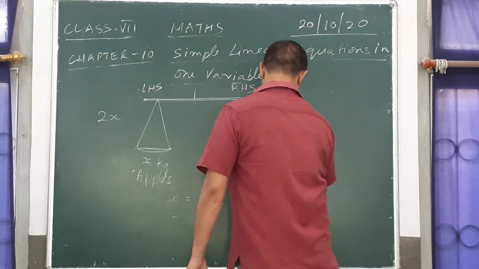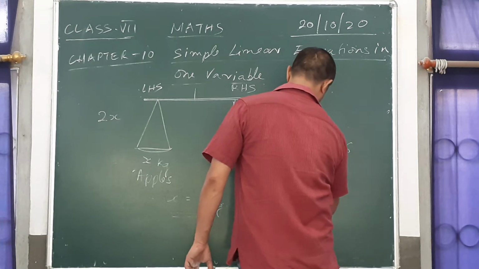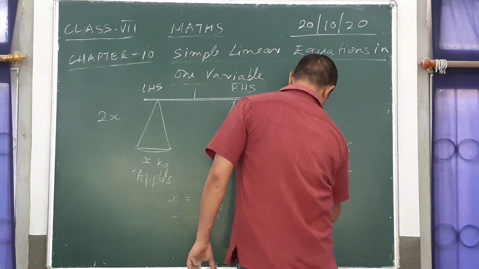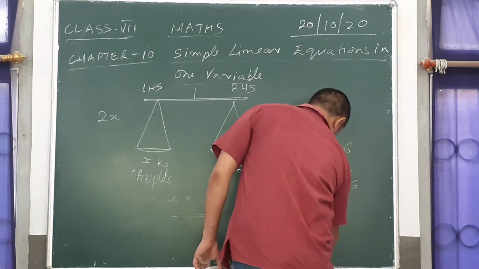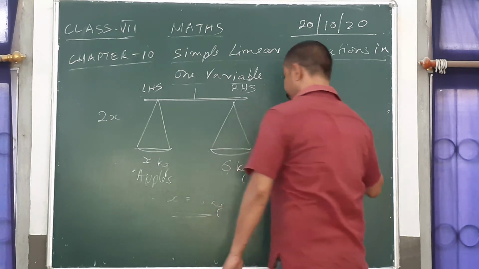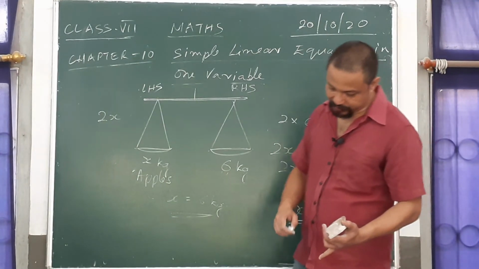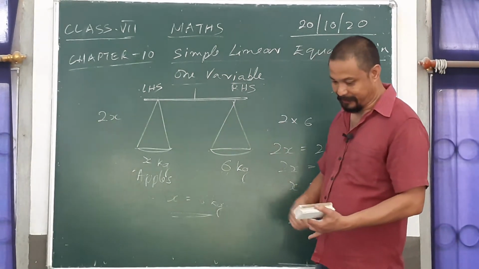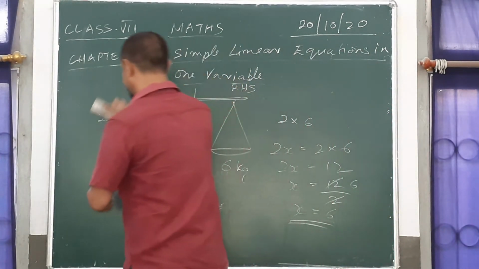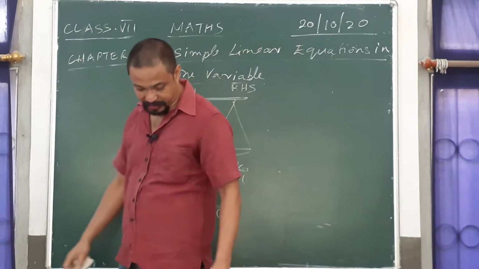Okay, so 2x equals 2 into 6, that means 2x equals 12, x equals 12 divided by 2. Are you getting it? We subtracted, we added, we multiplied. Now we'll go to division.